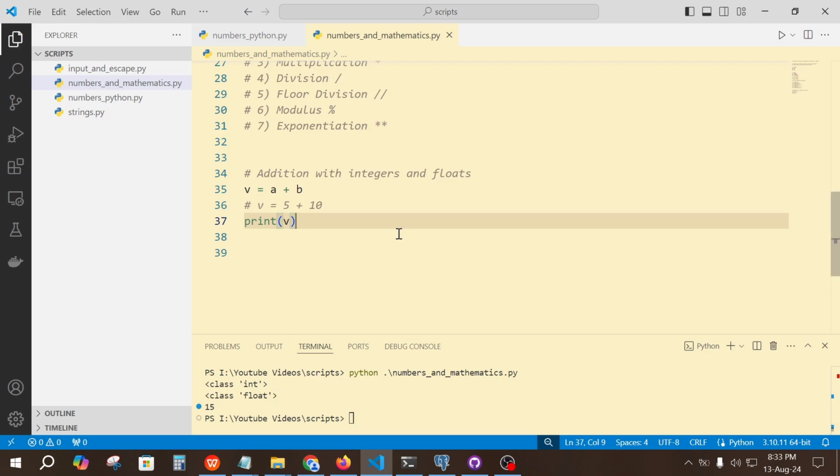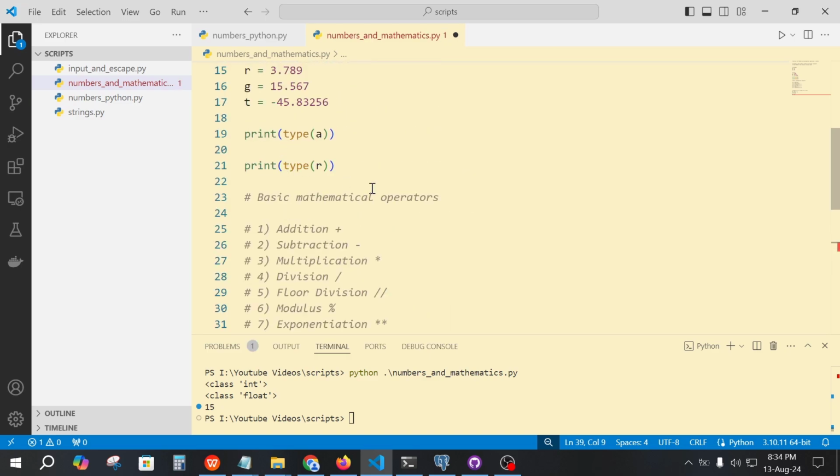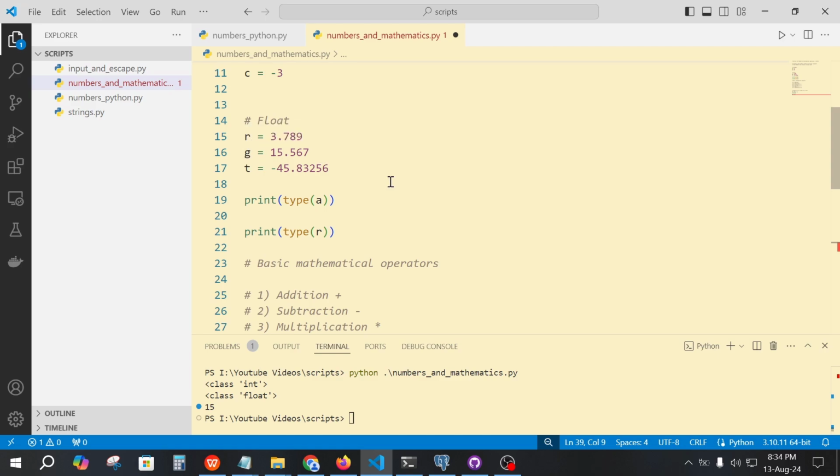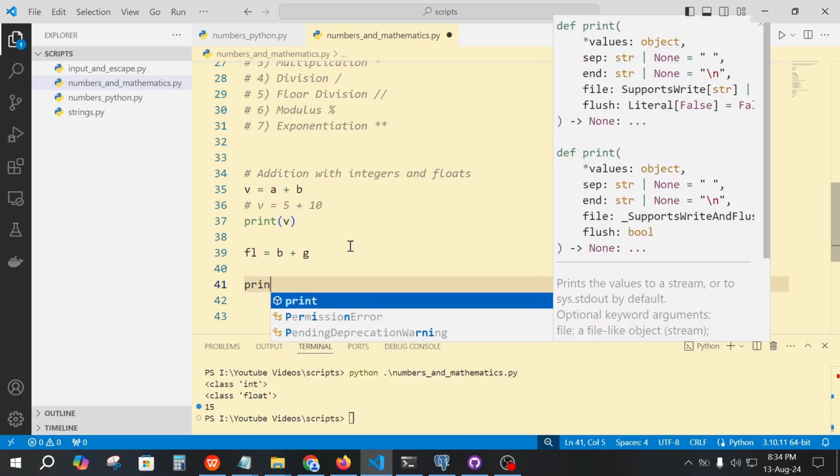We can also do additions with integers and floats. So let's say fl equals b, which is an integer, plus a float, so let's say g. So b plus g, and then we can print fl.